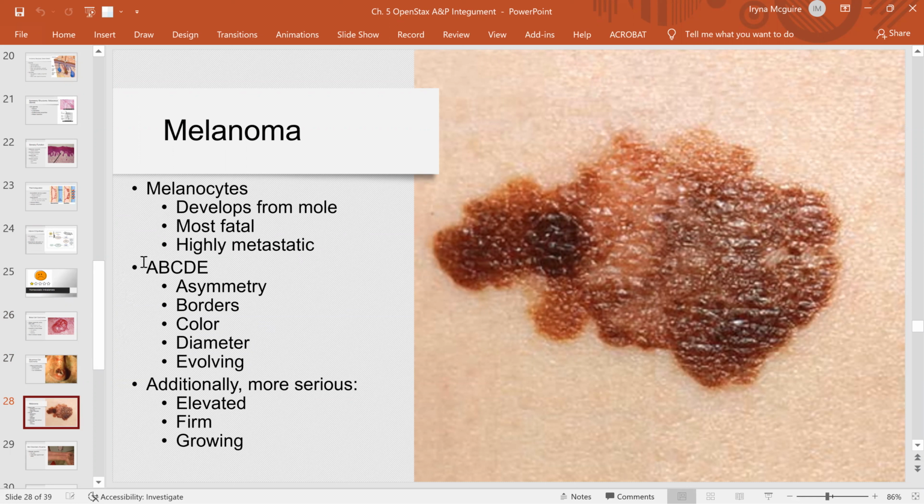We can use the ABCD rule to diagnose it, at least the first diagnosis, and then a biopsy to confirm or hopefully disprove our first diagnosis, right?